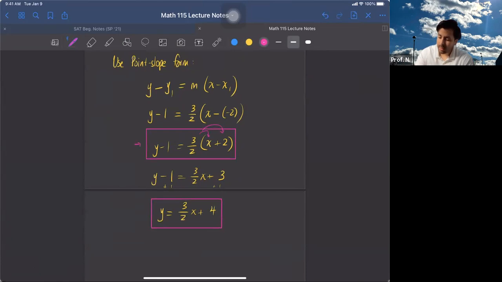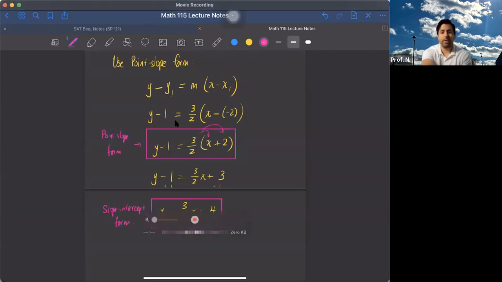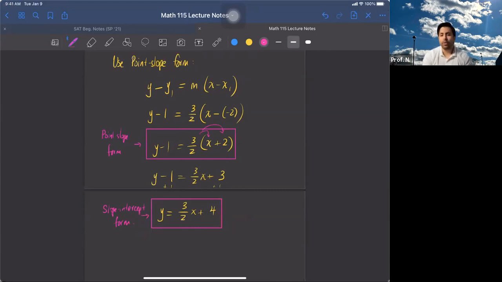So this here again is point slope, and this here is slope intercept. Okay, so we made that one extra step, which was to flip and negate the original slope to find the slope of the perpendicular line.